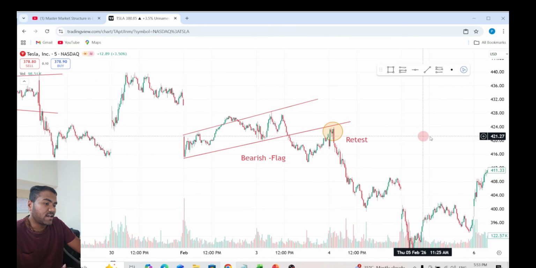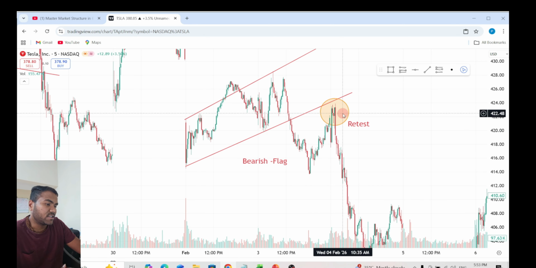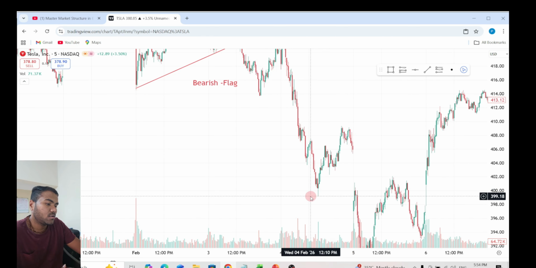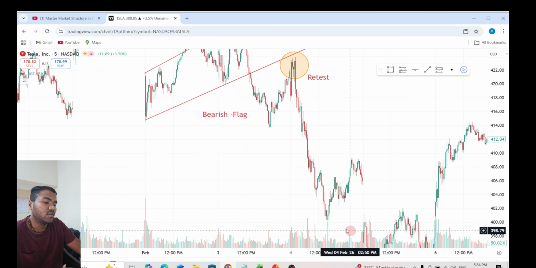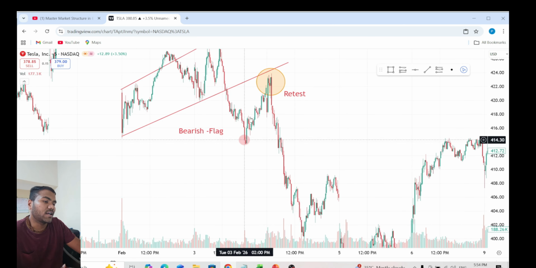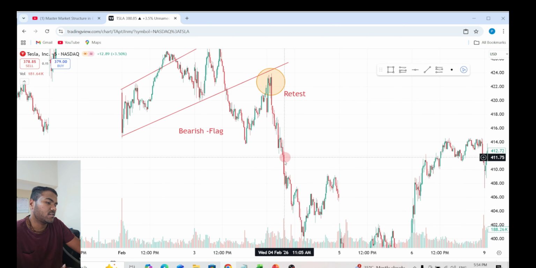So you can see after the breakout of the pattern and after the retest, it moves from 423 to almost 400. So a $23 fall on the same day, after the breakout and after the retest.